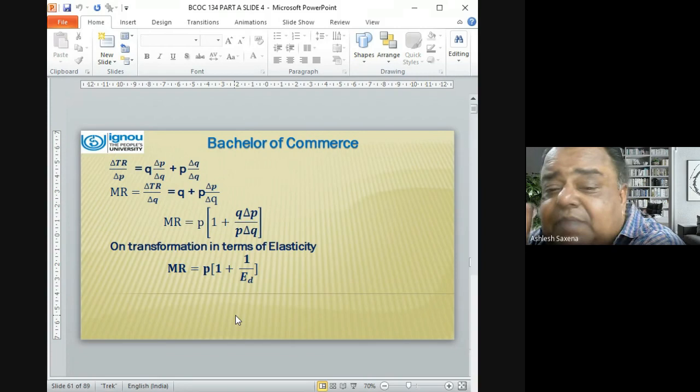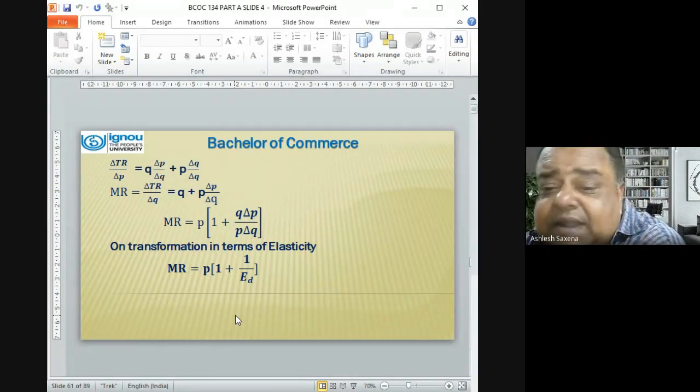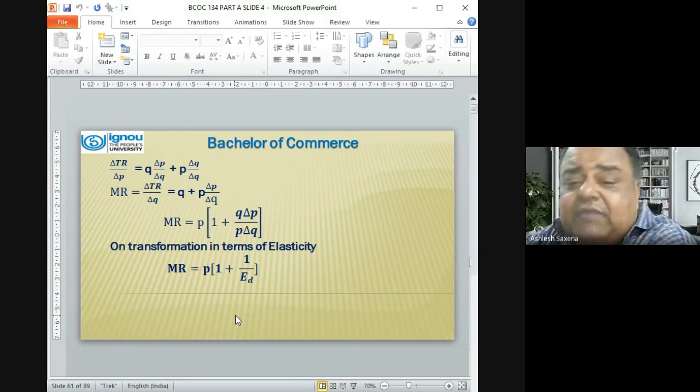MR is equal to P times 1 plus Q delta P upon P delta Q. This is price elasticity. That means your relationship for the marginal revenue and elasticity will be MR equal to P times 1 plus 1 upon E.